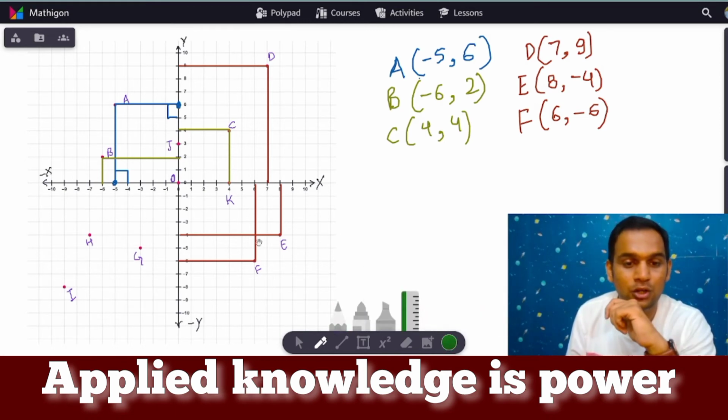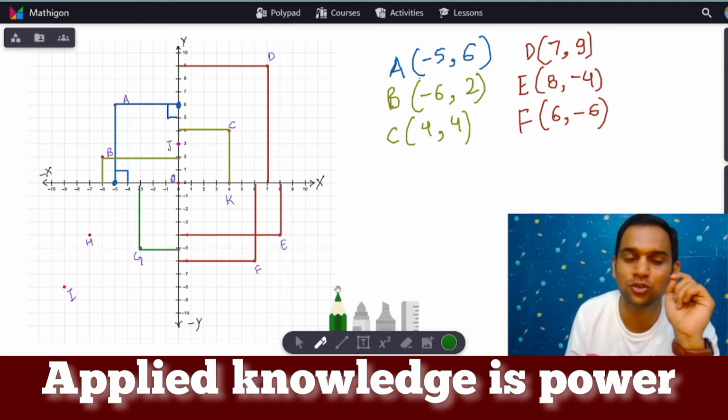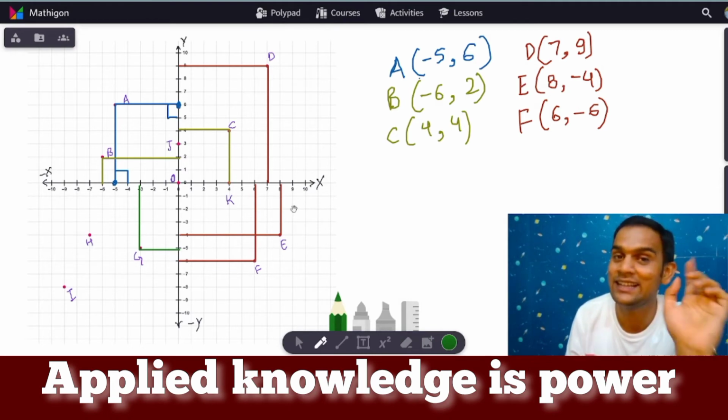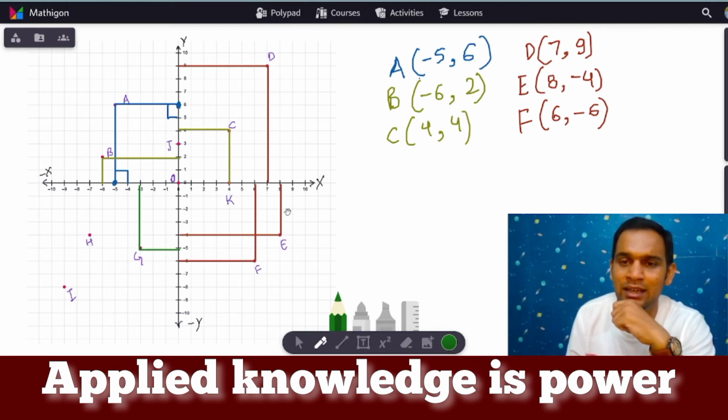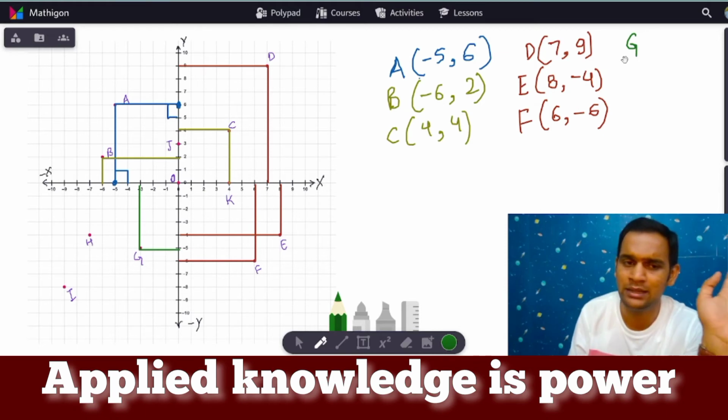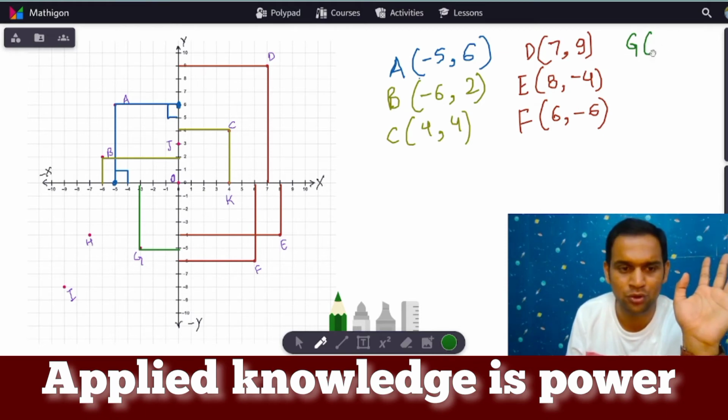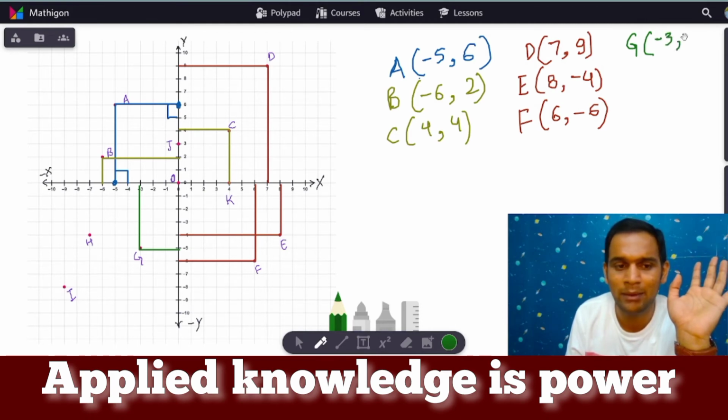Now let's move on to G. Once you have understood this concept, no need to make these lines every time. You can also make dotted lines if you want, but just keep the scale so you are able to identify it very easily. So if you have become comfortable, no need to make these lines every time. So G becomes -3 comma -5.